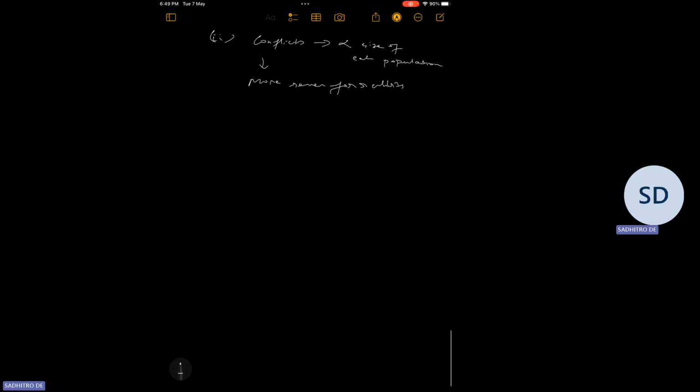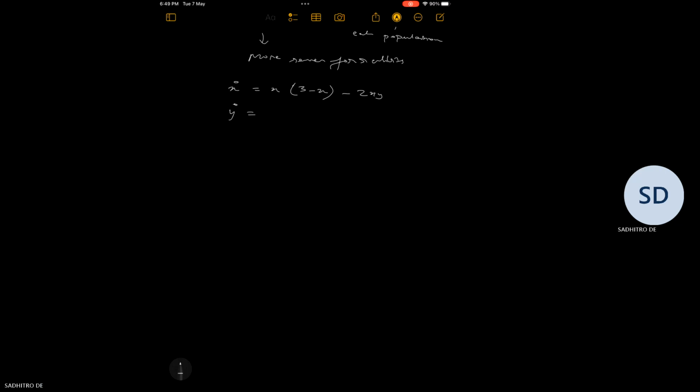So one specific model that incorporates these assumptions is that x dot equals x into (3 minus x). This is the logistic growth part, minus 2xy, and y dot equals y into (2 minus y) minus xy.